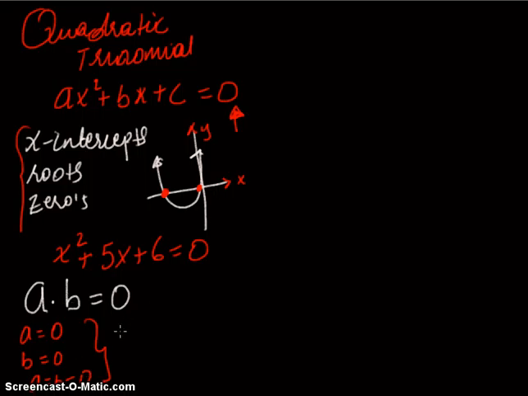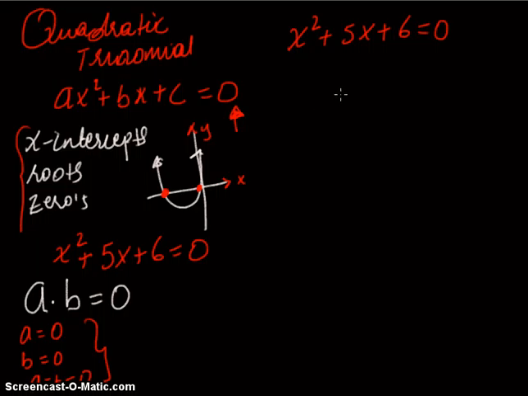Using this zero product property, we can factor x squared plus 5x plus 6 and then figure out what makes each of the factors 0. So let's go ahead and rewrite this: x squared plus 5x plus 6 equals 0.